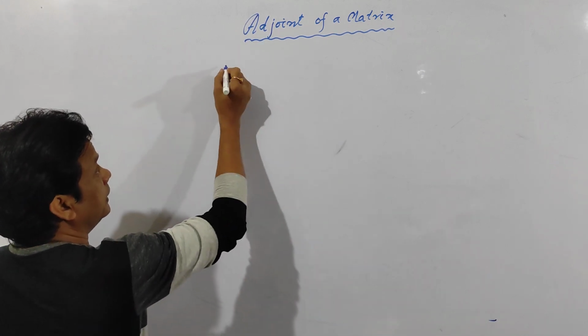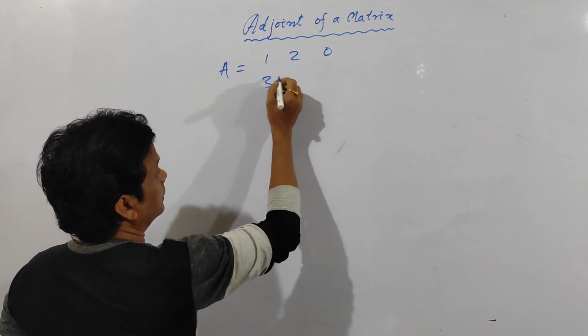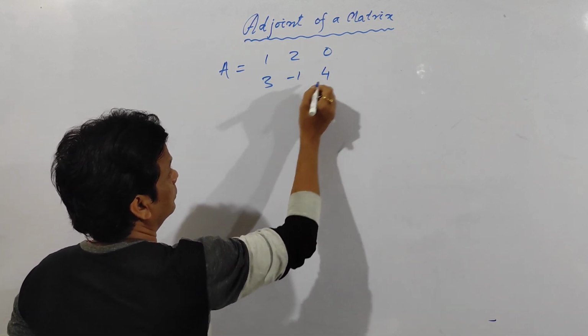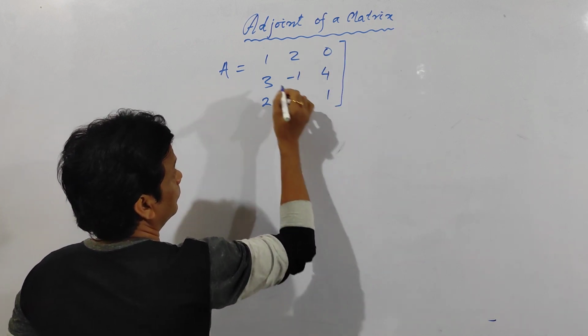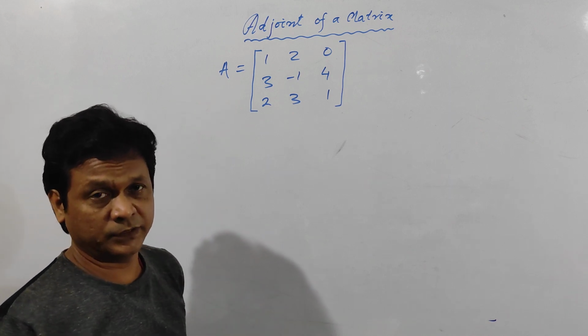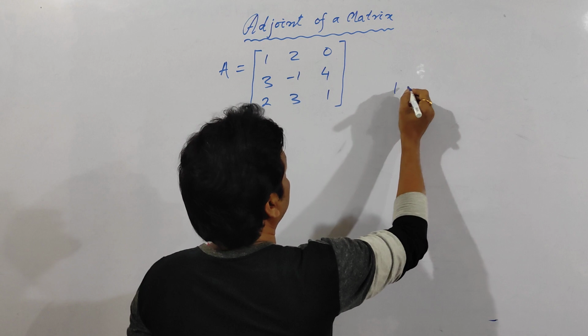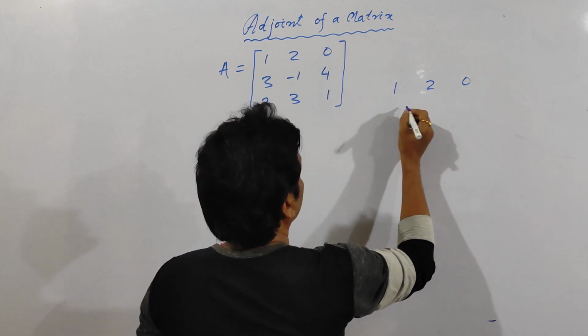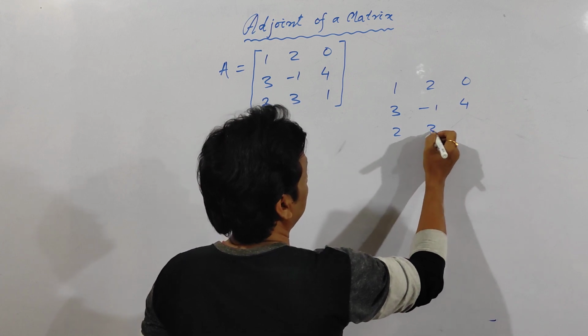See here. If A is equal to [1, 2, 0; 3, minus 1, 4; 2, 3, 1]. This is the matrix, and you want to find out the adjoint of A. So how to find out? Simply write the matrix 1, 2, 0, 3, minus 1, 4, 2, 3, 1.